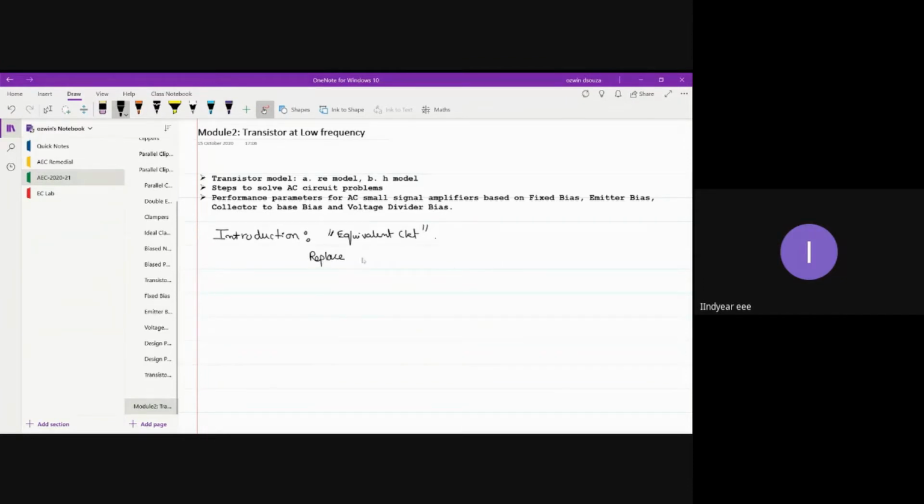Okay, so in an equivalent circuit, what we do is we replace the device symbol.